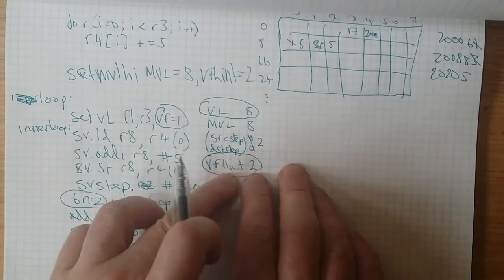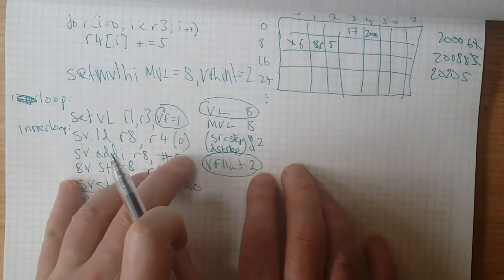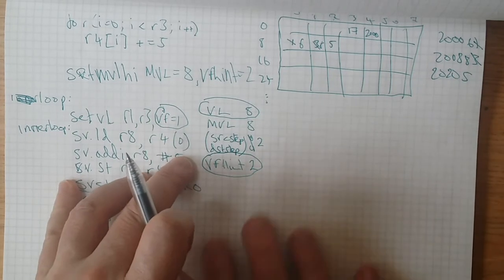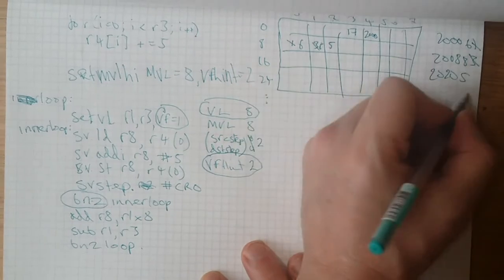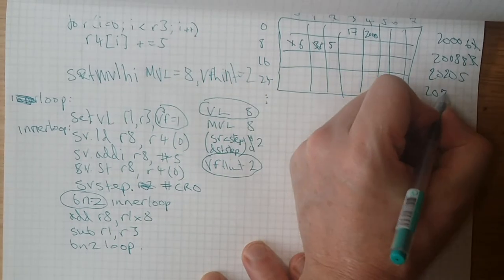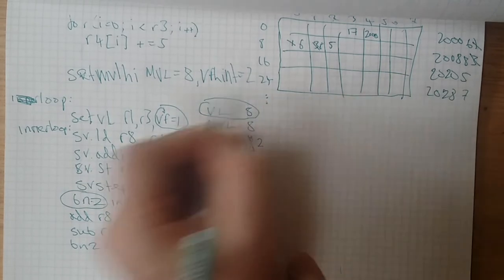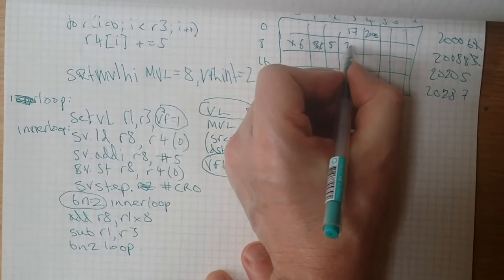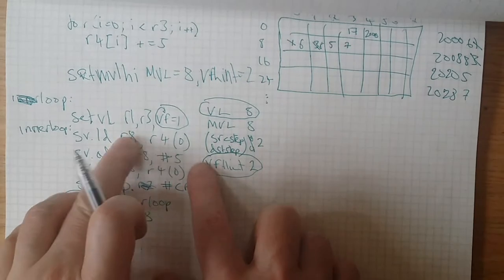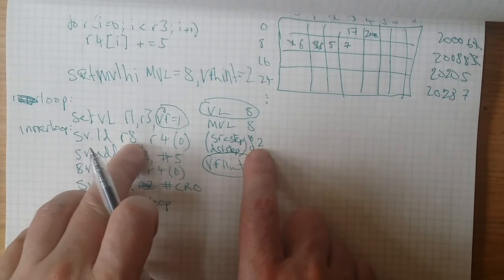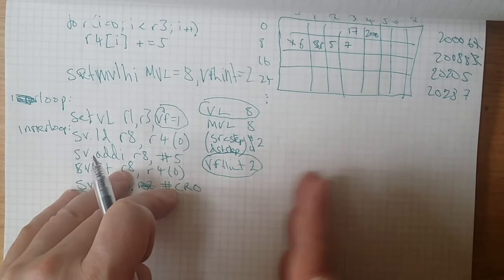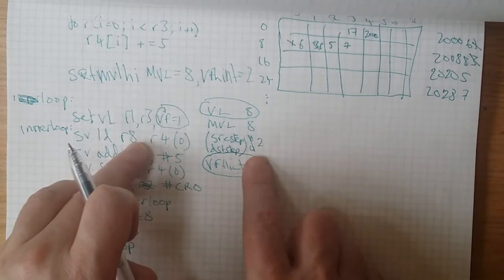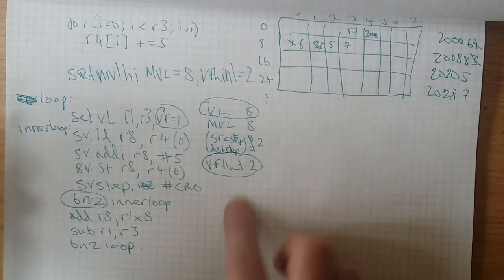Then, because VF hint is 2, we're doing 2 elements, so you do the next one, which goes into register 11. Remember, source step is 2, but we're doing 2 elements, so 3 plus 8 is 11.